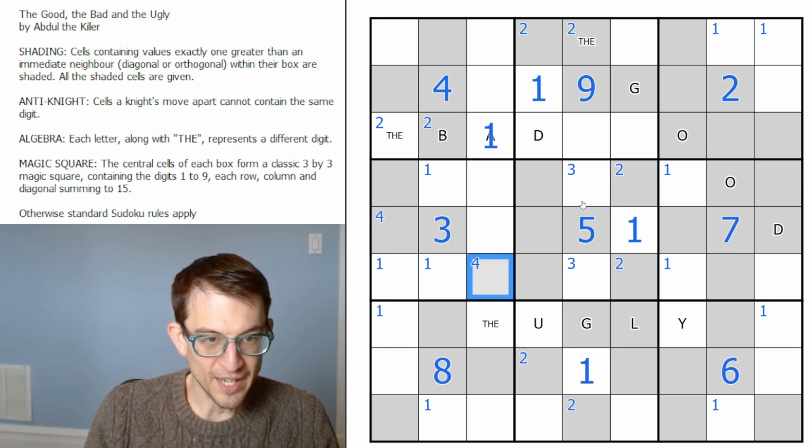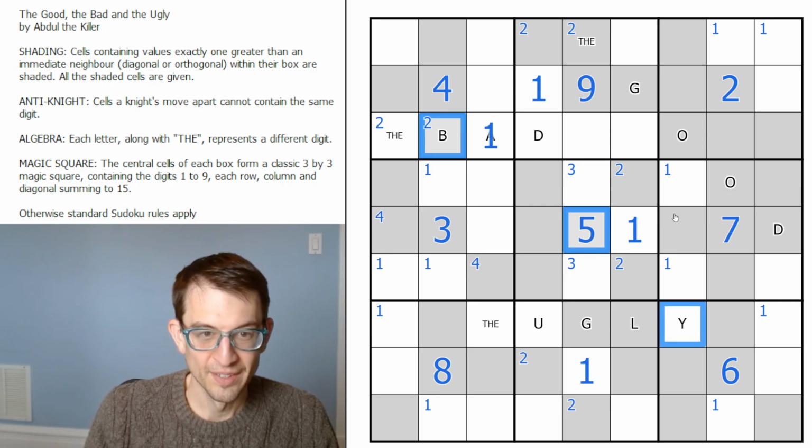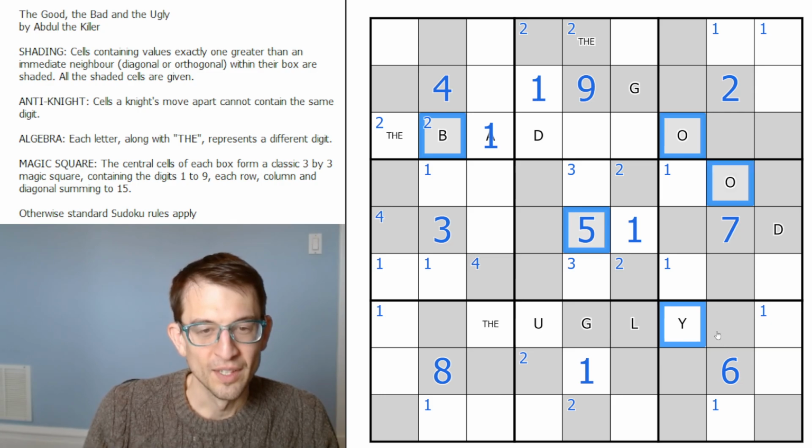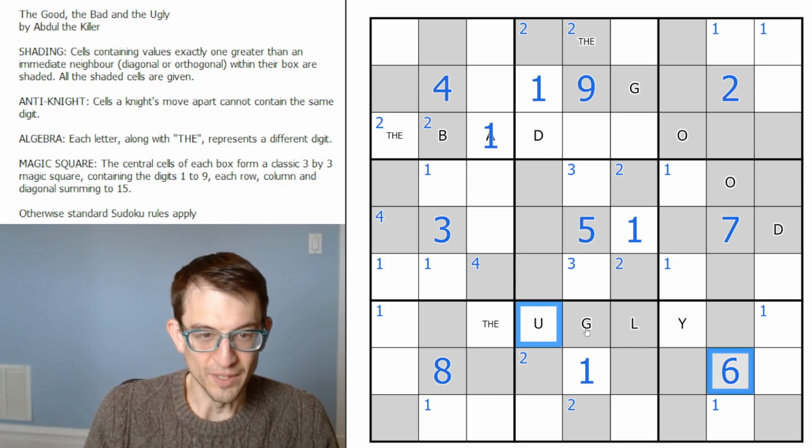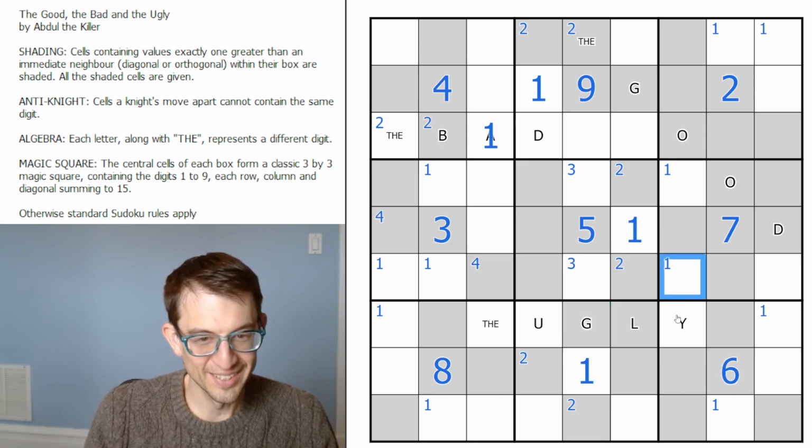Okay, about 5. What can 5 be? It can't be the, actually. It could be B. It could be Y. Or it could be O. That's not so interesting. So 5 is boy. Where does 6 go? 6 could be the, it could be UG, can't be L or Y, or O, or it could be D. Okay, that's not so interesting.